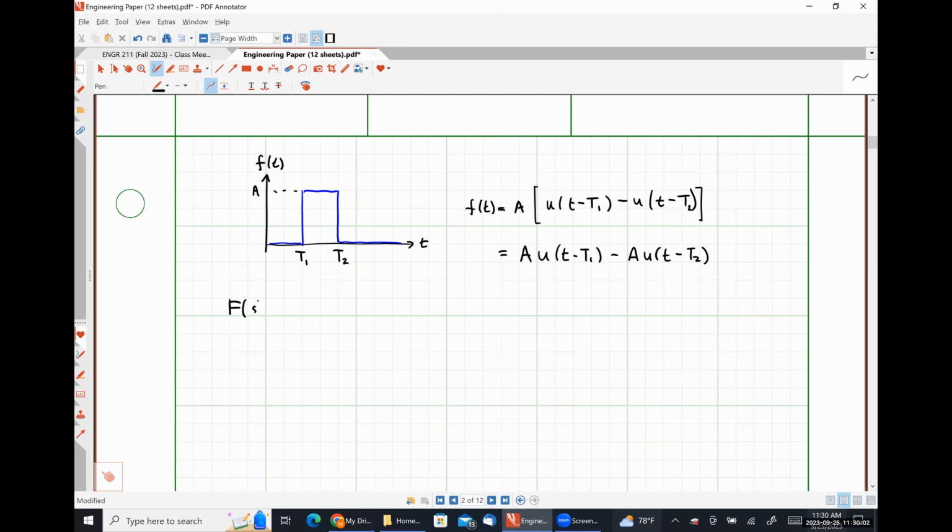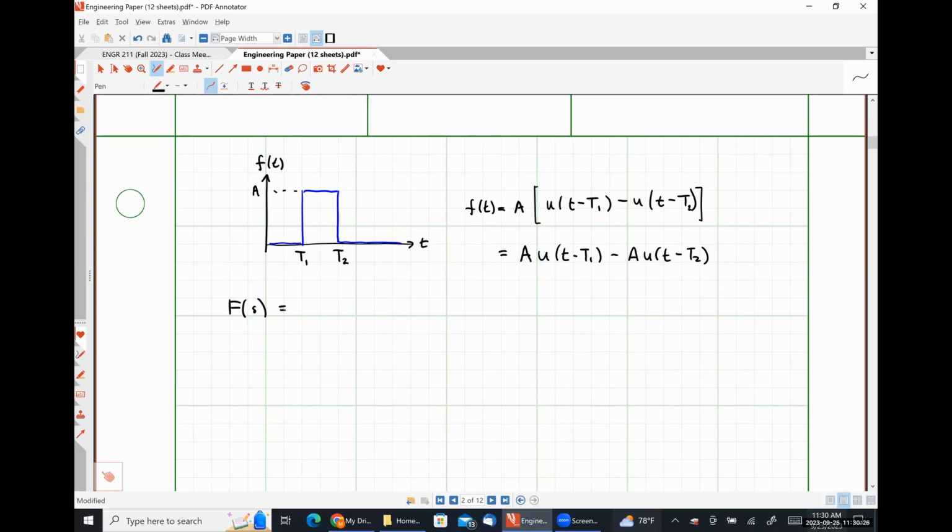From this, what should our Laplace transform of this guy be? Yeah, that's exactly why I wrote it this way, so that we could literally do the Laplace transform of this part minus the Laplace transform of this part.